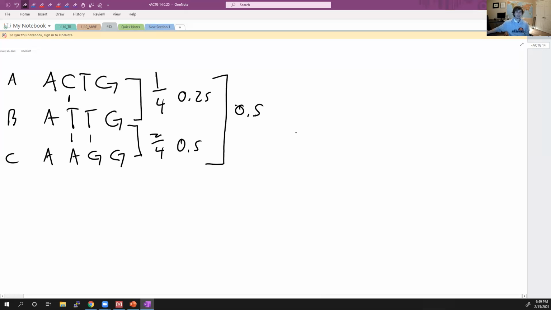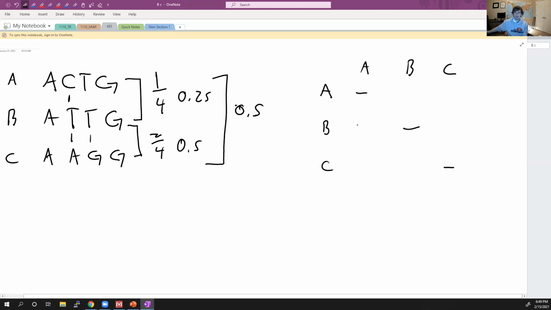We can draw this out in a neater way using a pairwise distance matrix, with A, B, C down and A, B, C across. A to A is the same, so it's 0. B to B is 0, and C to C is 0.